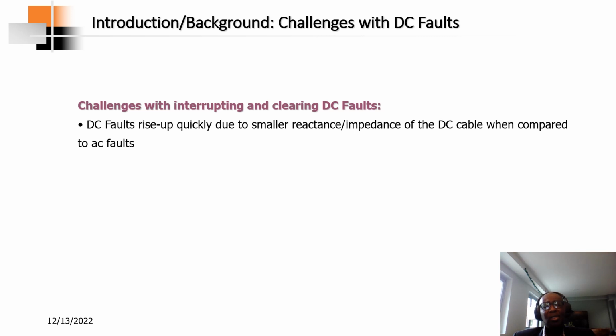So the impedance of the faulted point basically lowers the fault current. But DC faults do not have that. As such, it results in a very steep slope and a high upfront current, which can be very devastating for the converter.